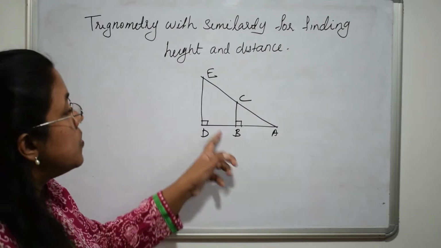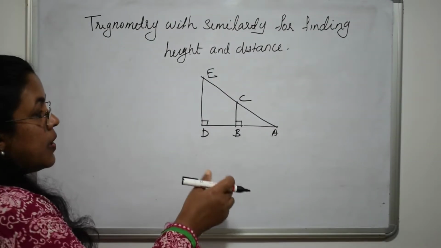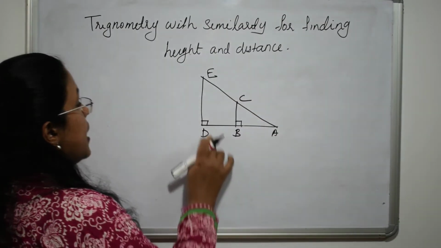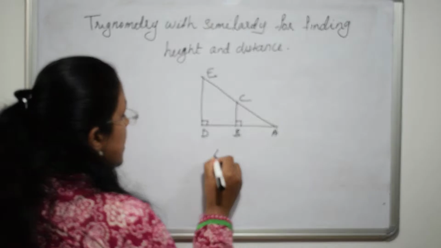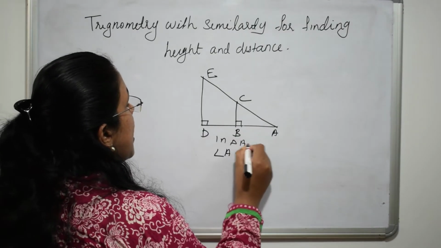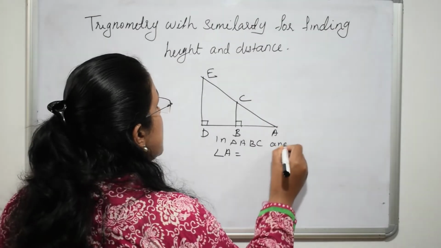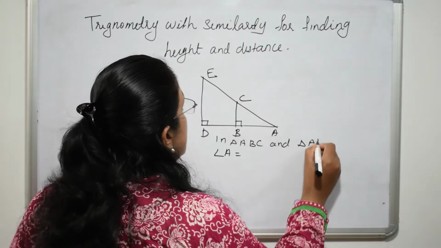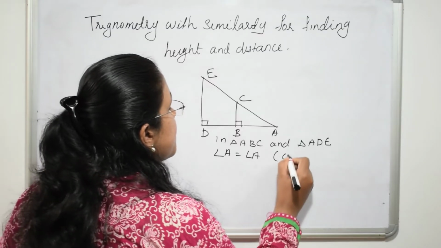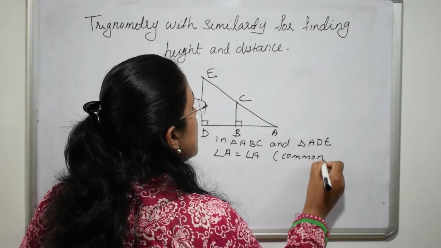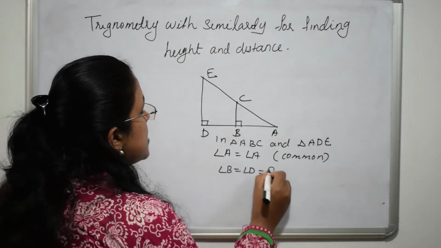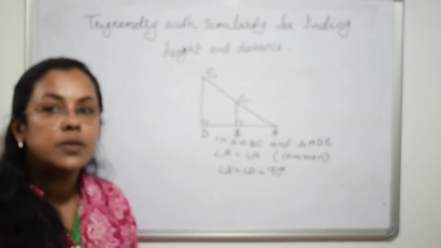So, the first step is to prove the similarity of A, B, C and A, D, E. Angle A is the common angle in triangle A, B, C and triangle A, D, E. And angle B is equal to angle D is equal to 90 degrees.